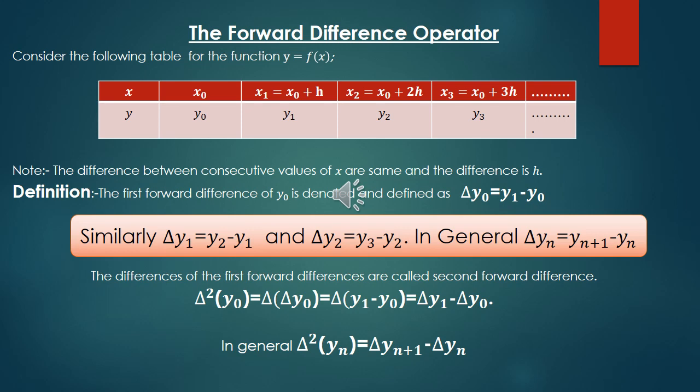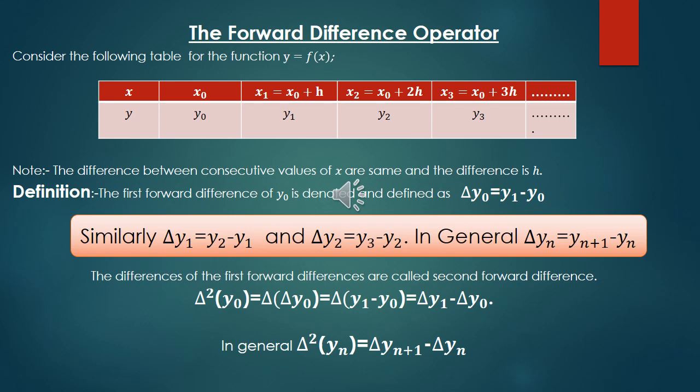The next topic is the forward difference operator. Consider the following table for the function y equal to f(x). Here, x assumes the values x0, x1 equal to x0 plus h, x2 equal to x0 plus 2h, x3 equal to x0 plus 3h, and so on.